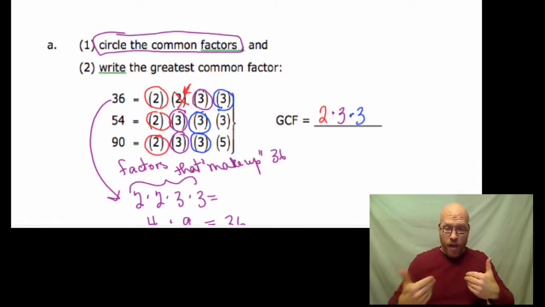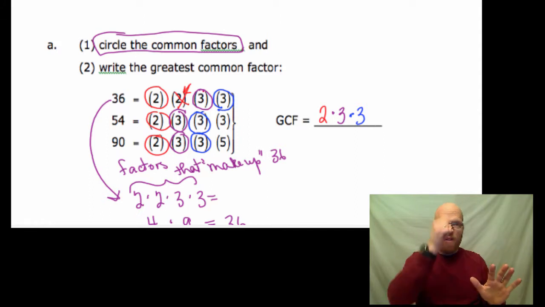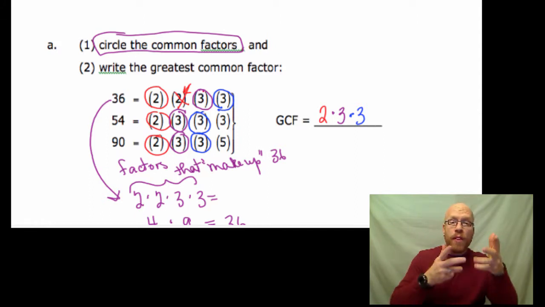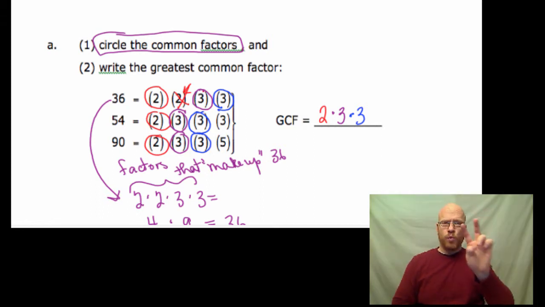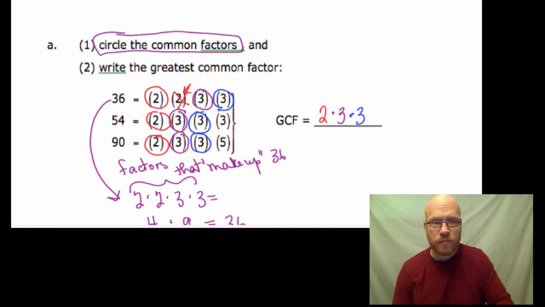Whatever they all have, you circle them. The 2s were all there, and then 3s were there twice. Now, if you look at the 5, not all of them have 5s. One 3 is left for 54, but there are no more 3s anywhere else. So 2 times 3 times 3 will be 18.